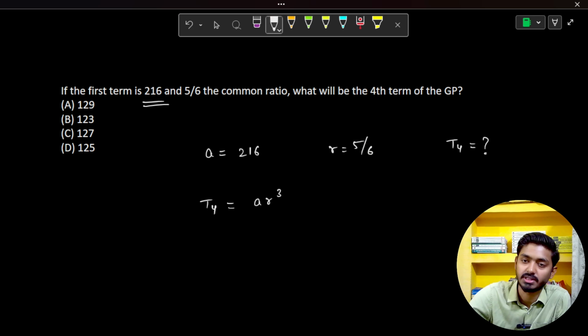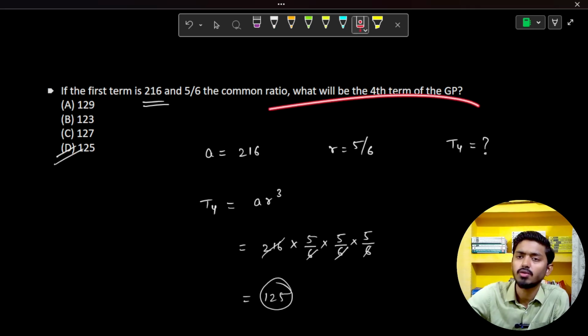Over here that would be 3. Put the values: 216 times the common ratio 5 by 6, which is cubed. So we'll write it 3 times. Cancel 6 with 216, they get cancelled. That is 125. Option D is our answer.